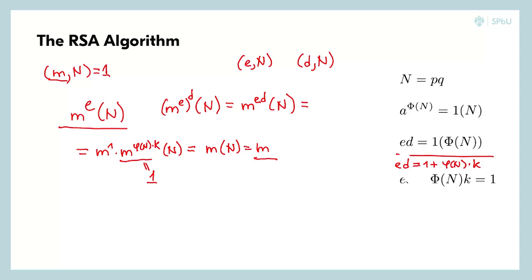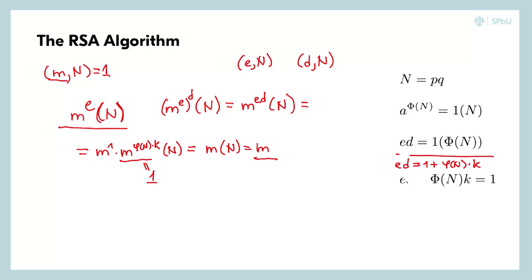And the idea is that you can't easily invert this operation of exponentiation modulo N. We will see it right now on some example, that this number here, when we raise it to some power and calculate this power modulo N, we can't easily revert it.